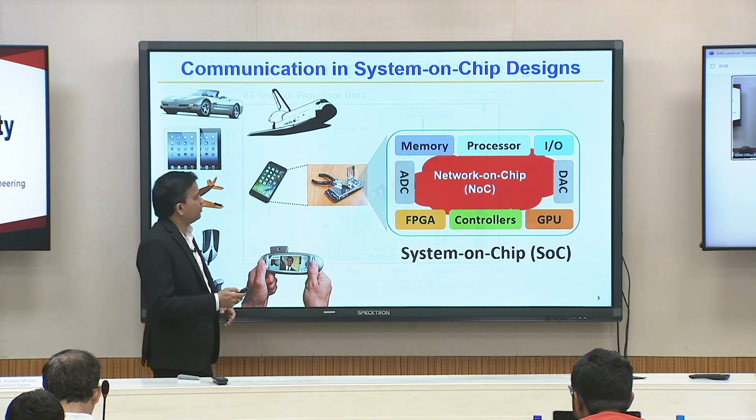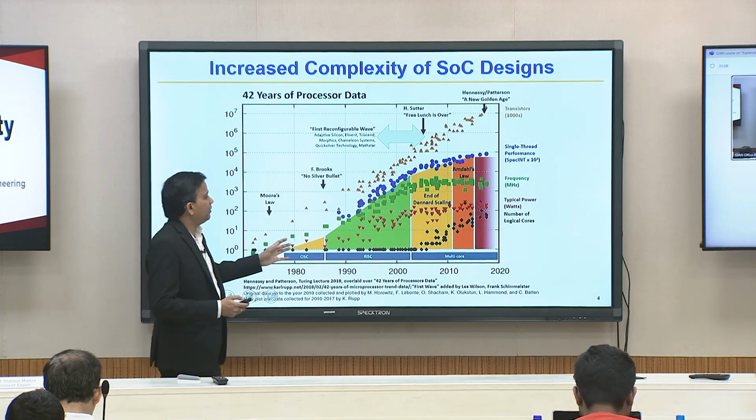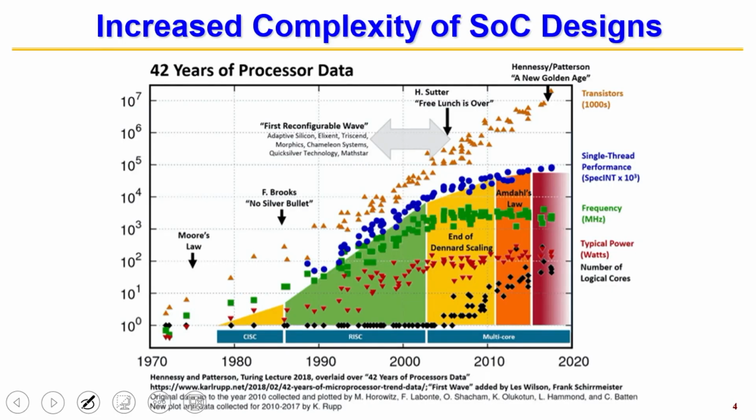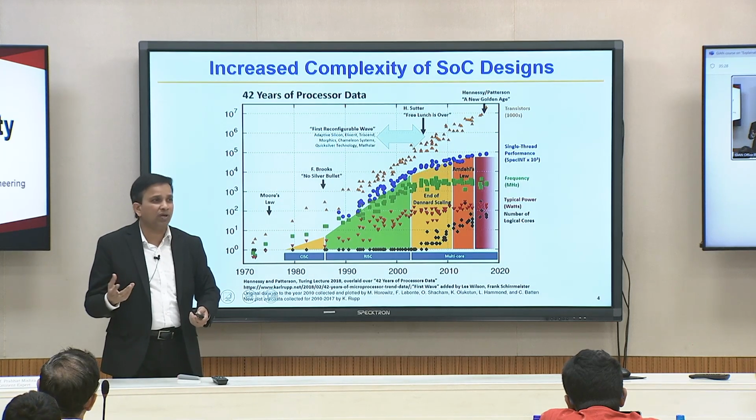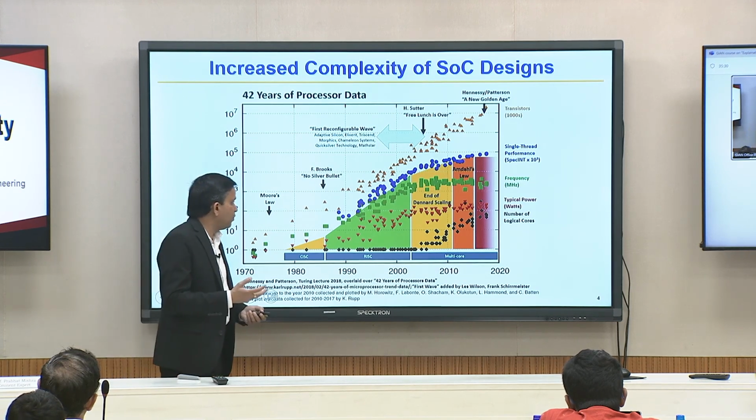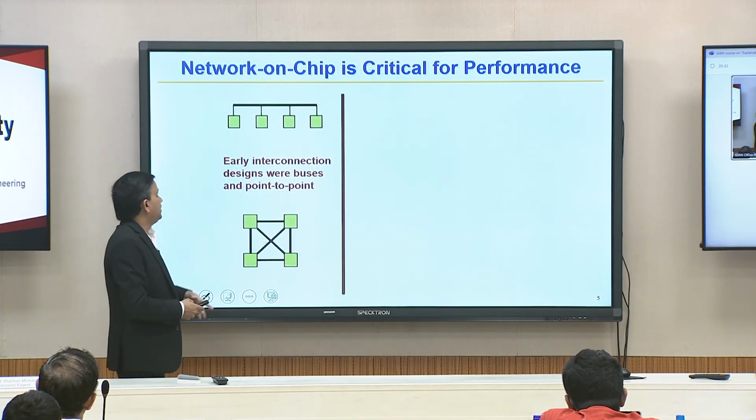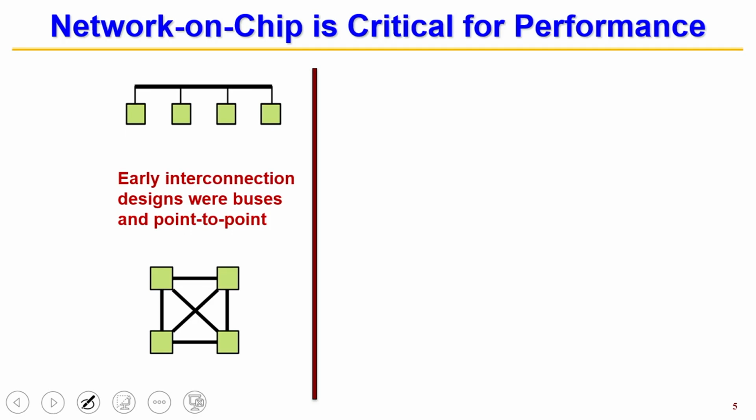I am going to talk about those issues, but before I go there, I promised that I will show you the number of cores, or even the processor cores. Remember, it has a lot of components, in the order of hundreds, whether 128 or around 180 cores, there are that many processors. Now, every SoC may not have that many cores, some may have 4, 8, some may have more, but you need to talk about connectivity. 20 years ago, the bus used to be the de facto solution.